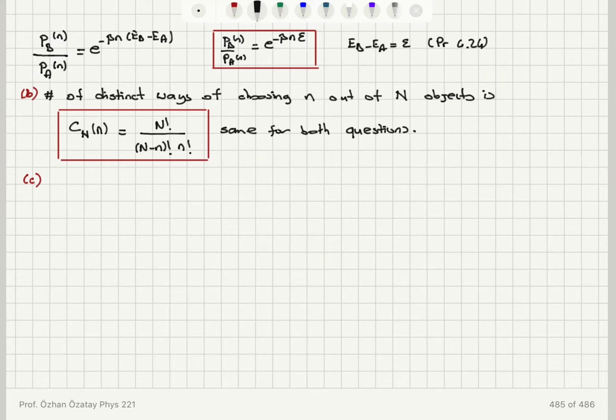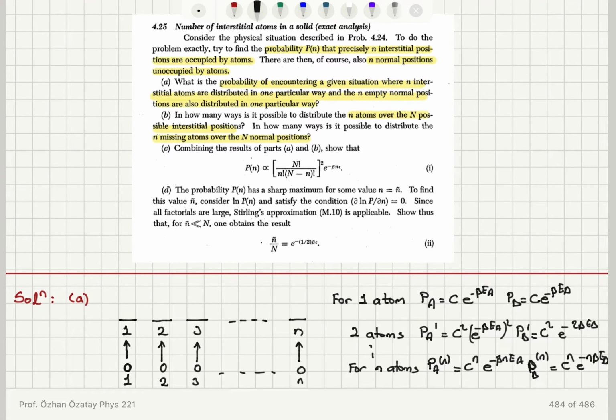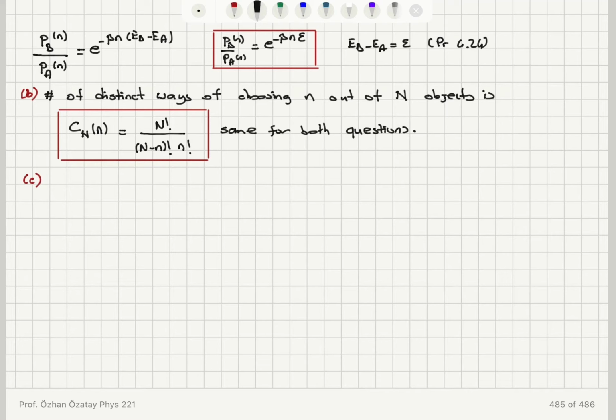So we have to combine these two. So I already know that the probability of having n atoms in one particular way is e to the minus beta n epsilon in position B. So this is for one particular way.